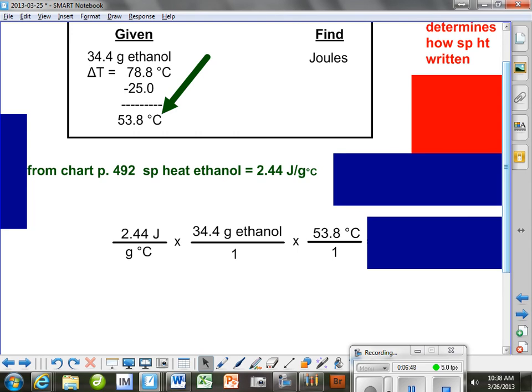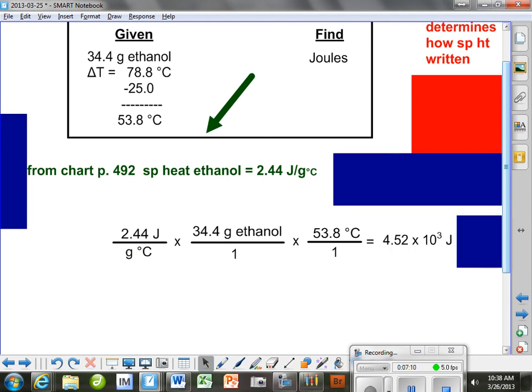That solves this problem, because that will give us joules. You'll notice that the degrees centigrade here will cancel the degrees centigrade down here, and the grams here will cancel the grams down here. Okay, and what we get at the end is 4.52 times 10 to the third, or we could write that as 4,520.